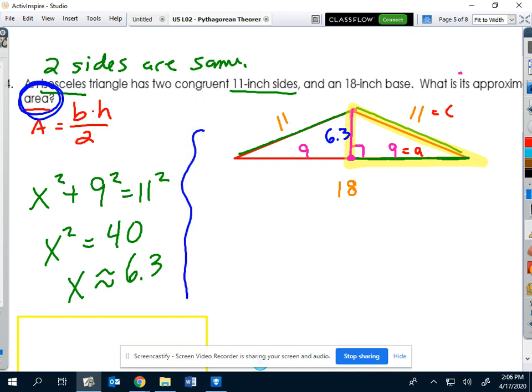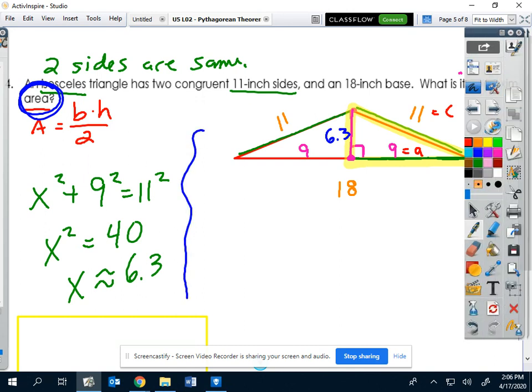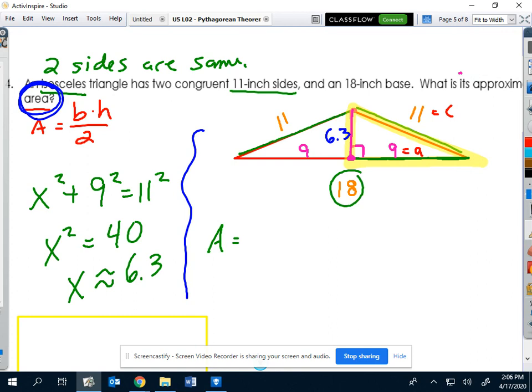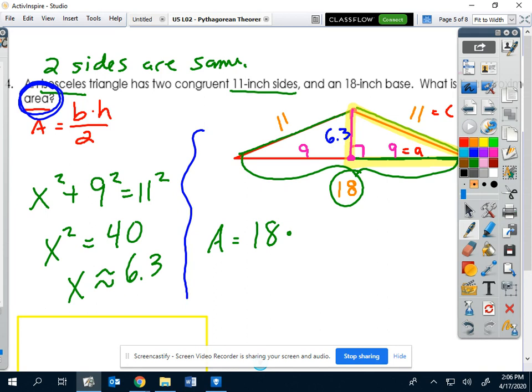So to find the area, let's go ahead and plug in. Our base, what is the base of our triangle? Well, the base of our triangle is still 18. Remember, we're trying to find the area of the whole triangle, so it's still 18. So 18 times the height of our triangle, we just found that, 6.3, and we divide the entire thing by 2.